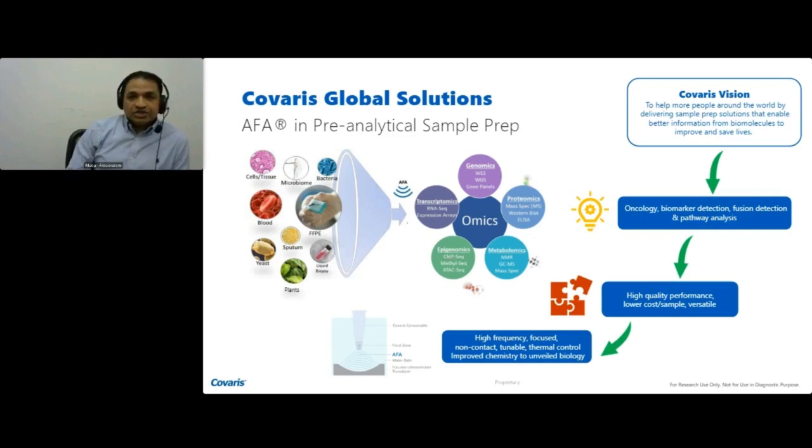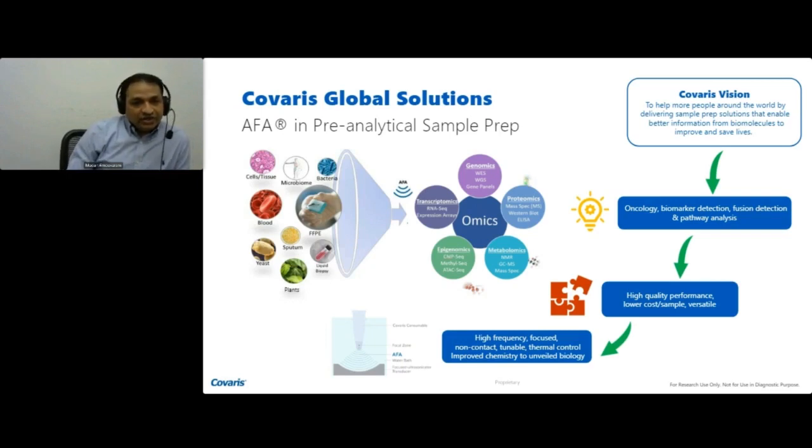The entire process is conducted in a thermally controlled environment, thereby ensuring integrity of the biomolecules. The different configurations and the superior results from the AFA process allow the user to fit all the puzzle pieces together by offering a single technology platform that allows for high quality performance, low cost per sample, as well as the versatility needed to accommodate all current and future needs.